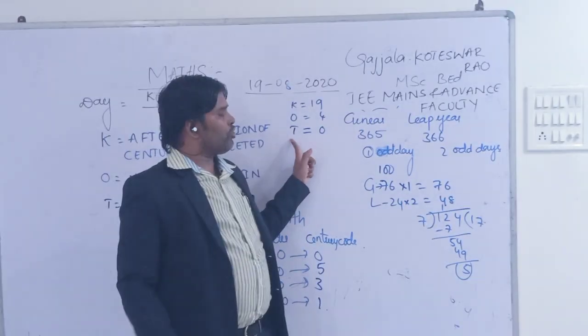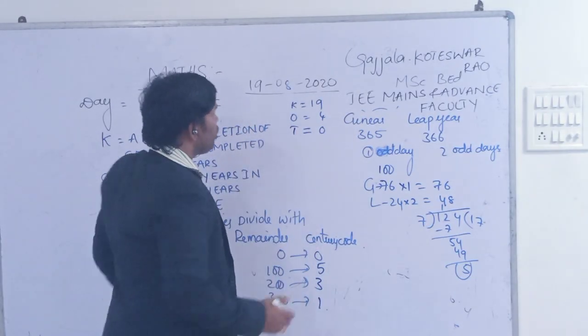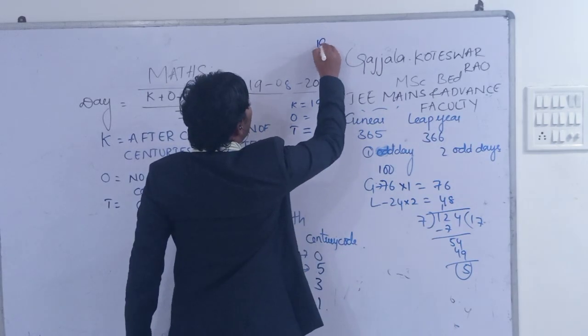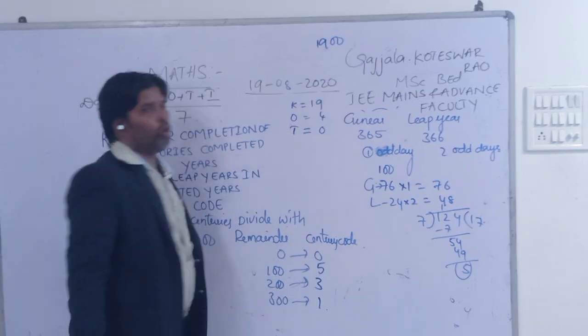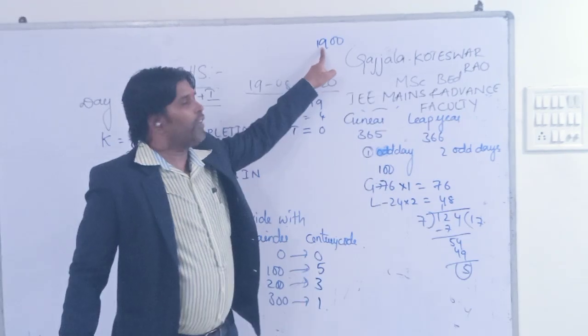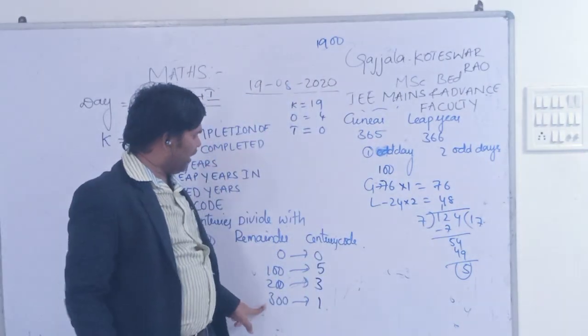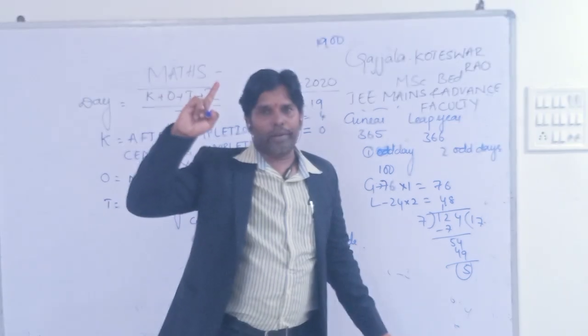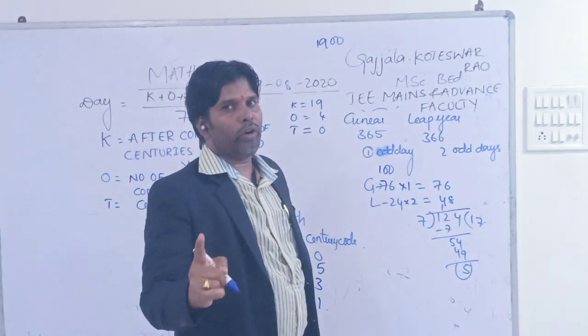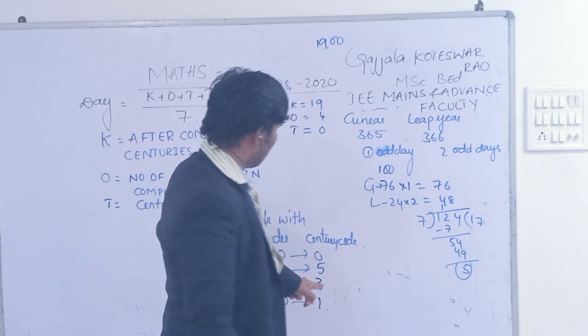Now if you want to take 1900, divide by 400: 4 fours are 16, 300 is the remainder, and for remainder 300 the century code is always 1.